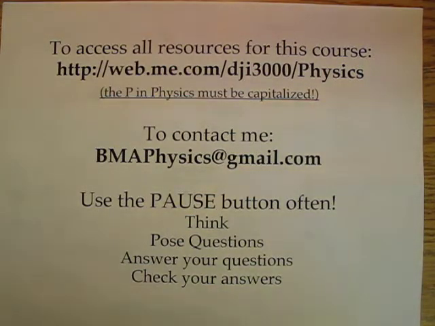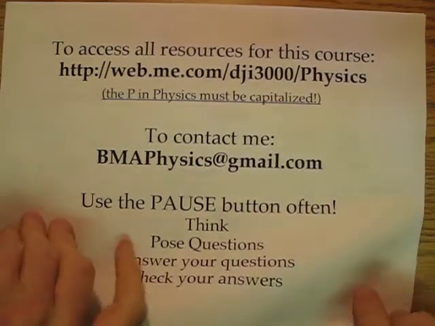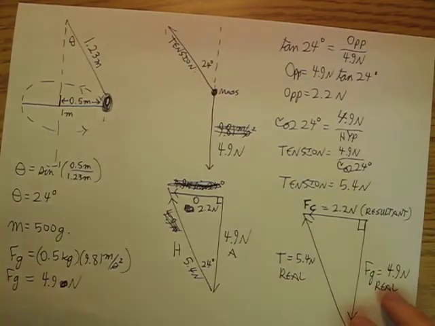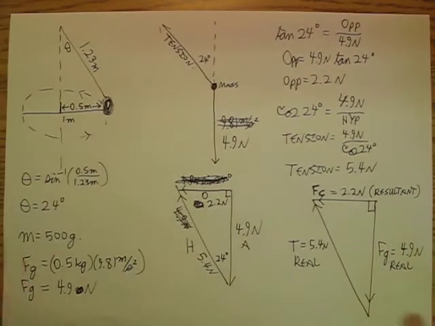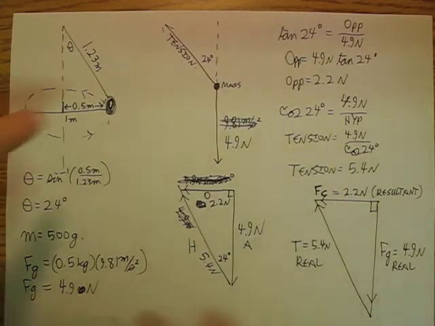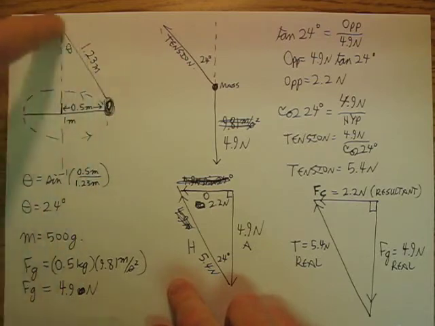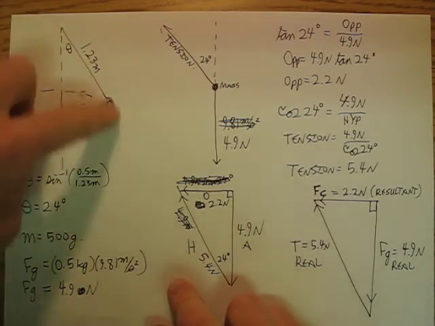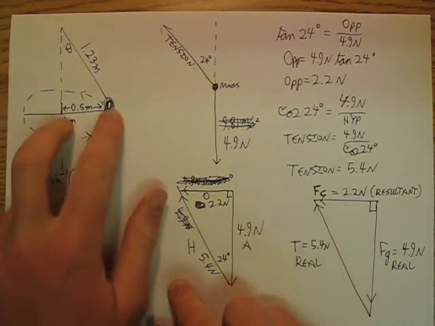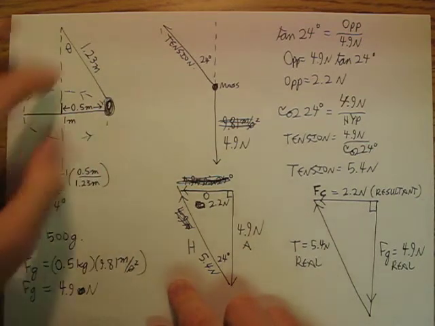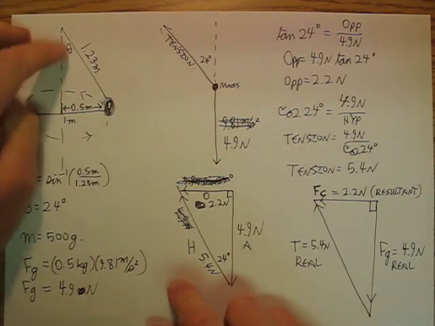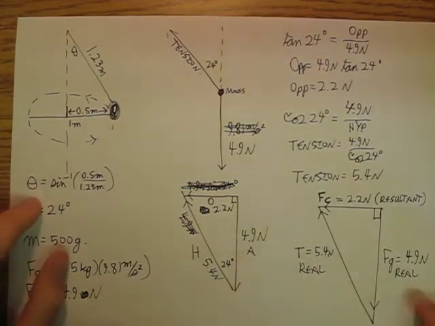Okay, so in this video we're going to spend probably just a few minutes going over and finishing what we had just started in the previous video, which is we have a mass on a 1.23 meter long string being swung around in a circle that has a radius of half a meter, and we sort of figured out that top angle is 24 degrees.